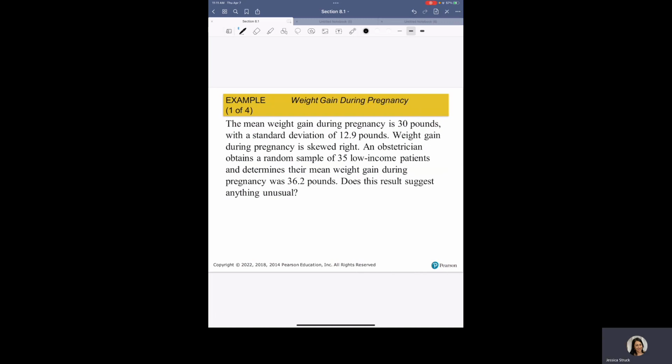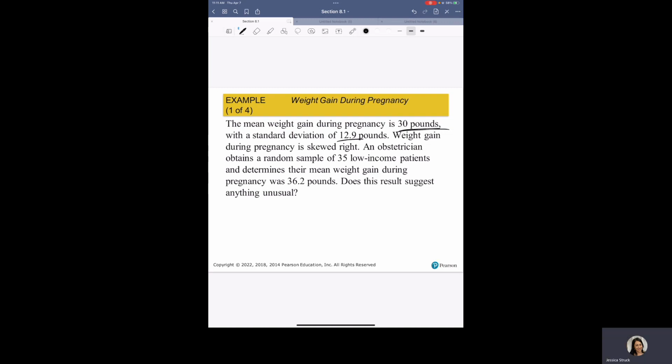So on this last example, it's weight gain during pregnancy. The mean weight gain during pregnancy for a population is 30 pounds, with a standard deviation of 12.9 pounds. Weight gain during pregnancy is known to be skewed right, so they're telling us off the bat this is not normal.